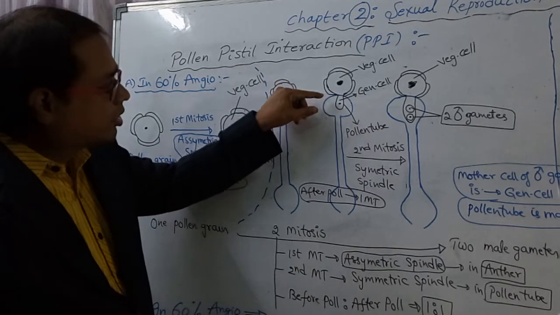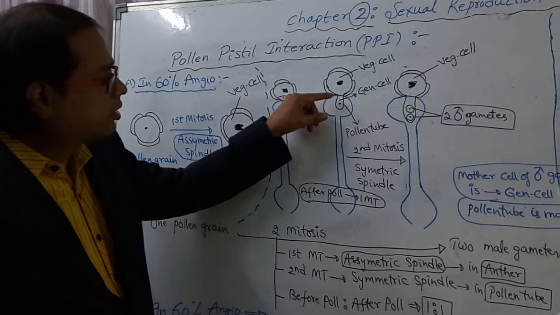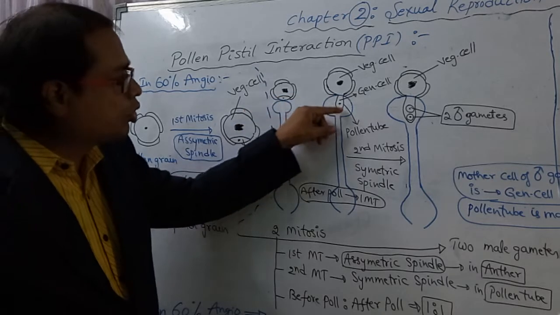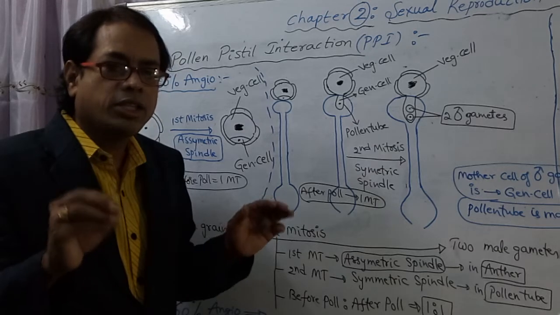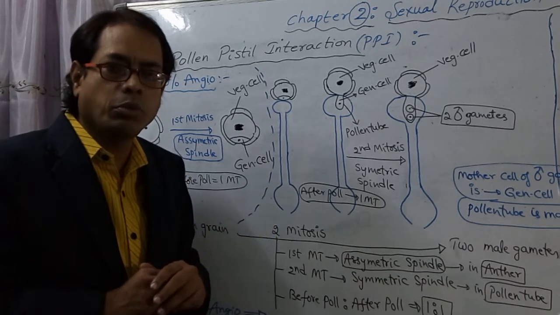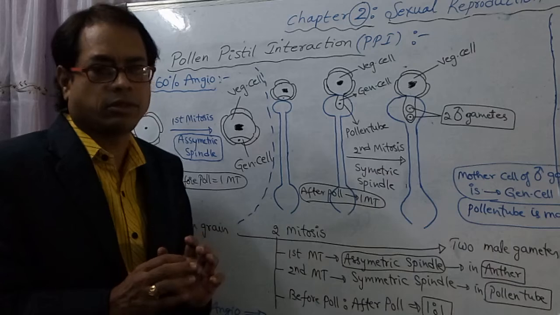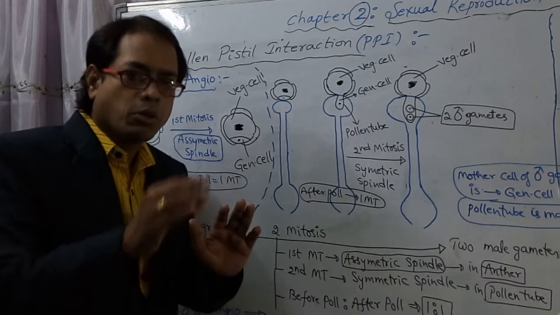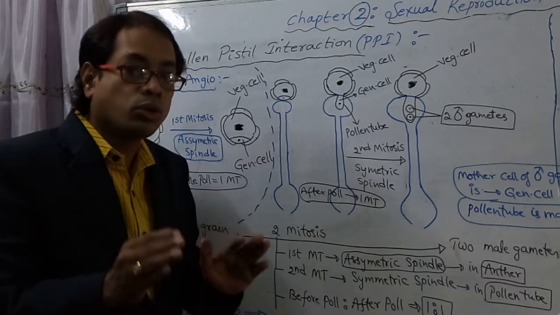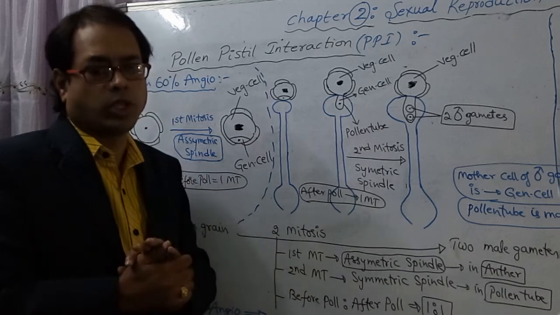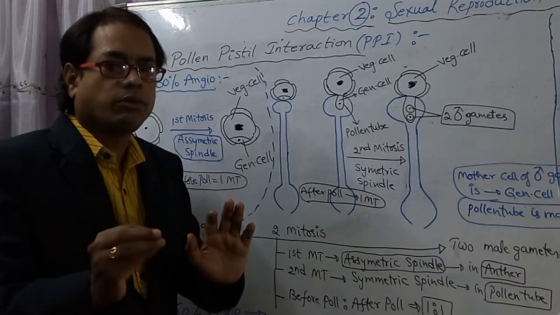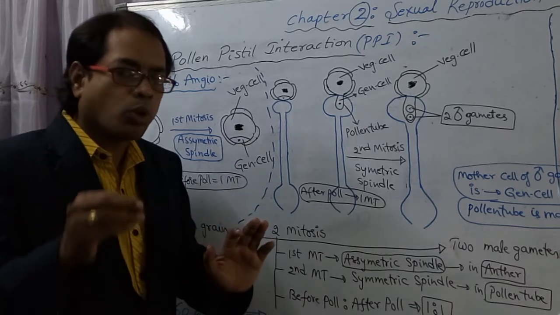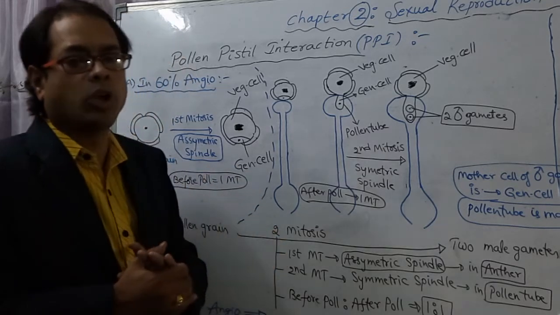Next, the pollen grain produces a pollen tube. Which layer is helpful in the formation of the pollen tube? Intine. Through which part is the pollen tube formed? Through the germ pore. So germ pores are useful for producing the pollen tube.